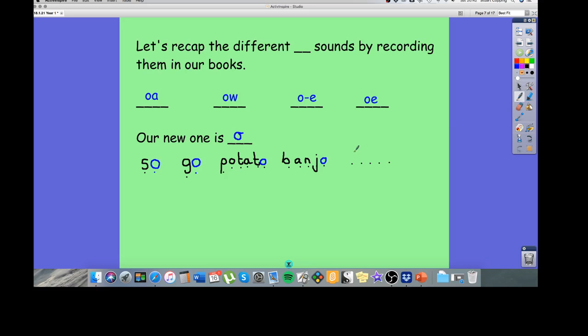Let's write it. F, O, K. It's a curly K. Tricky one, that. And I've just realised I've done it again, haven't I? Focus. And the last word I want you to do is both.